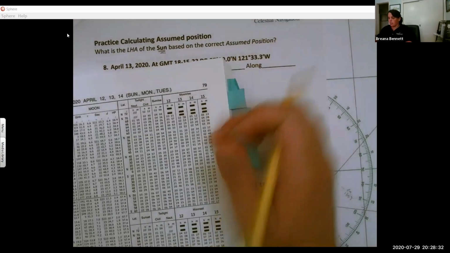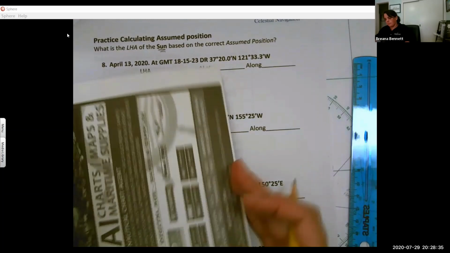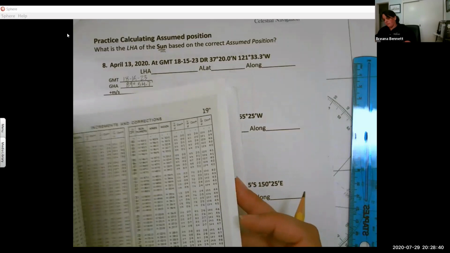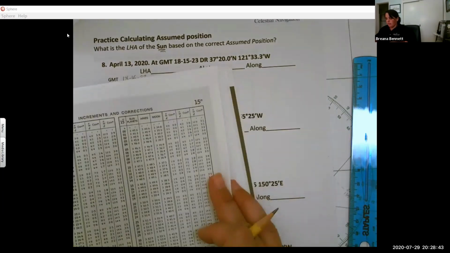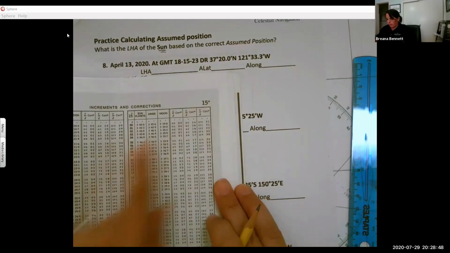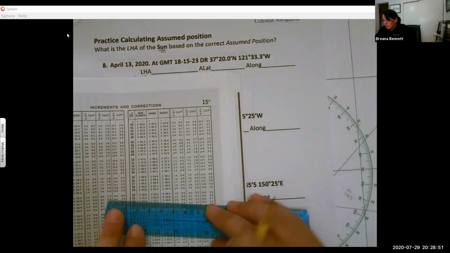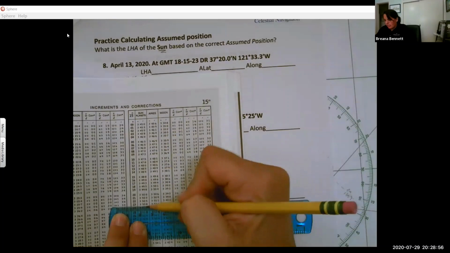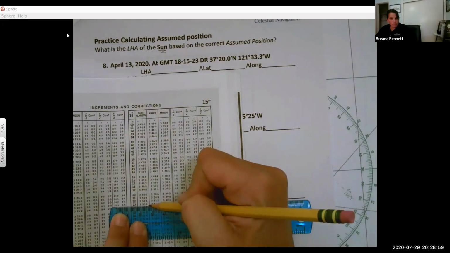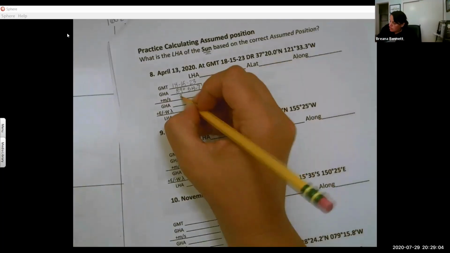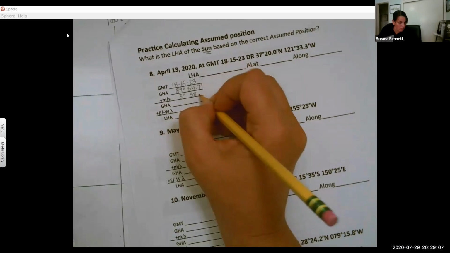I'm going to write that in. And then I need to go to the minutes and seconds. We have 15 minutes and 23 seconds for the sun. That gives us 3 degrees, 50.8 minutes.